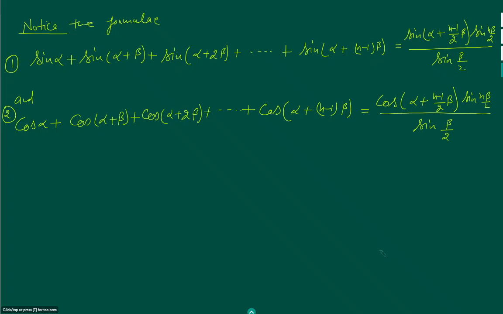And if you have cos(alpha plus beta) plus cos(alpha plus 2 beta) plus up to cos(alpha plus (n minus 1) beta), then it can be written as cos(alpha plus (n minus 1)/2 beta) into the rest of the things same, sin(n beta/2) and sin(beta/2), as in the first formula. So these two formulae we must know before we do the next exercise.